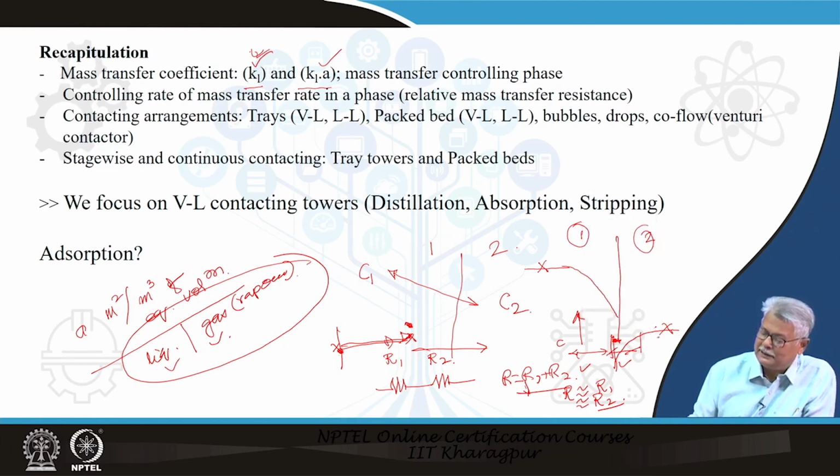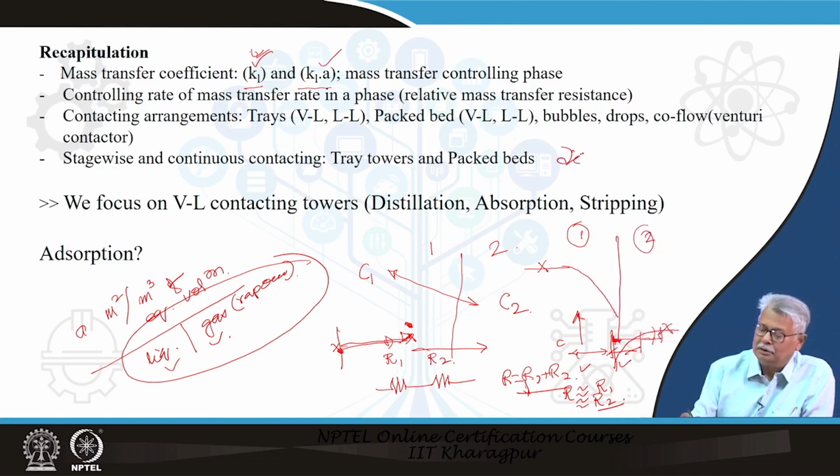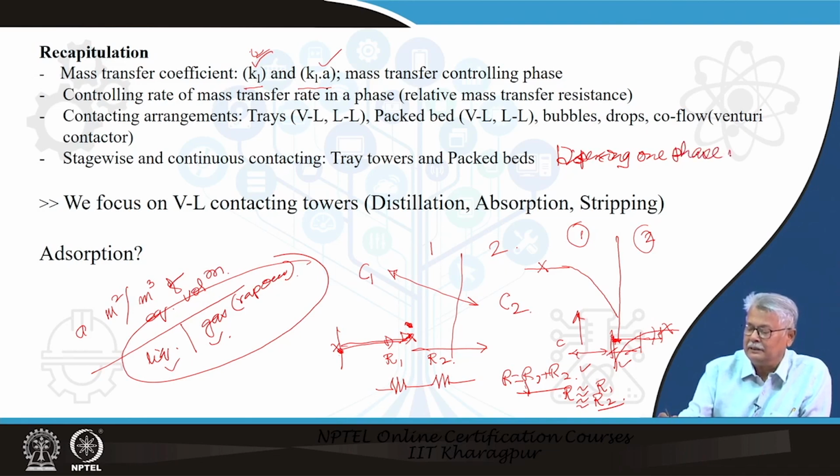So suppose we have a length across which it has to diffuse, and somehow we can reduce this, then we are going to help the mass transfer. That means the mass transfer rate is going to improve by this action. So, what we have right now is a case in which we think of dispersing one phase into a continuous phase.